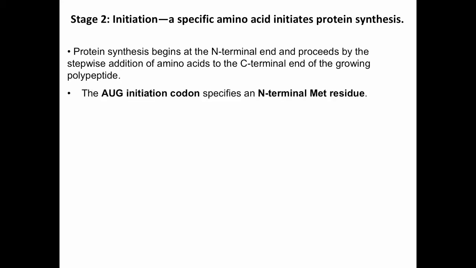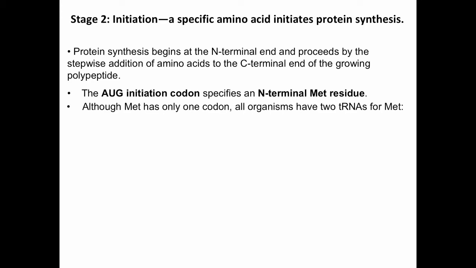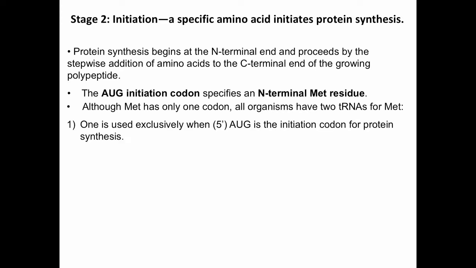The AUG initiation codon is going to specify the N-terminal methionine residue. So that methionine is always the first amino acid that's encoded in a protein, and that's specified by AUG. So Met has one codon, and all organisms actually have two tRNAs for methionine.